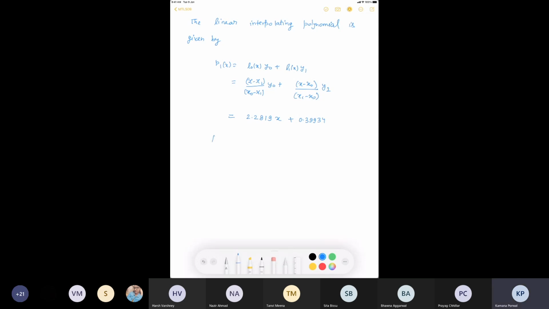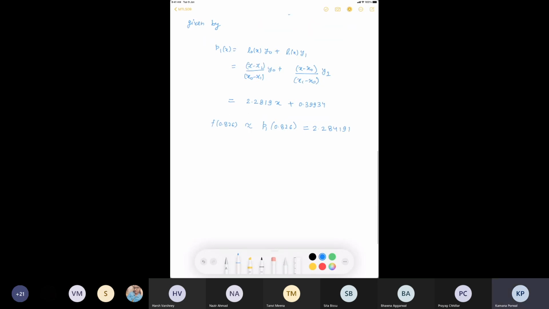So I can find the approximate value of f at 0.826 by evaluating p1 at 0.826. If you evaluate this, you will get 2.28419. This is what we get.